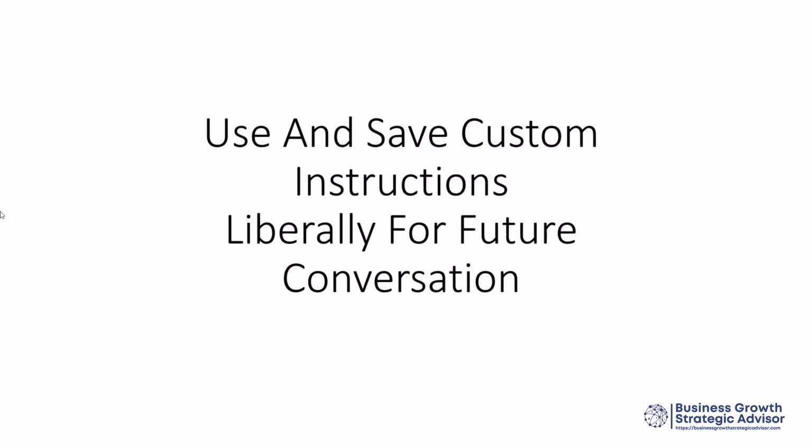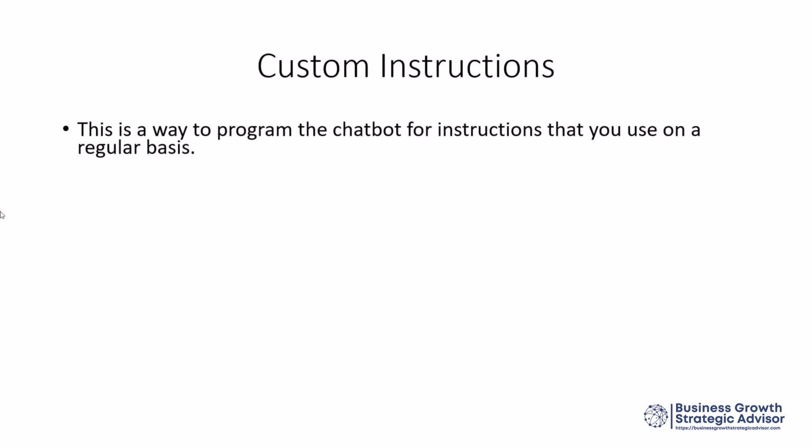This is a way of programming the chatbot for instructions that you use on a regular basis. So if you are always telling the chatbot, well, this is what I do for my business, or here's what I want to do in this section, and you find yourself saying that over and over again in different conversations, you want to create a conversation with those custom instructions of things you're telling the chatbot over and over again.